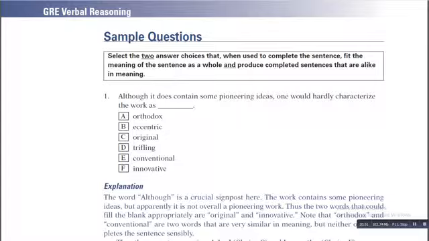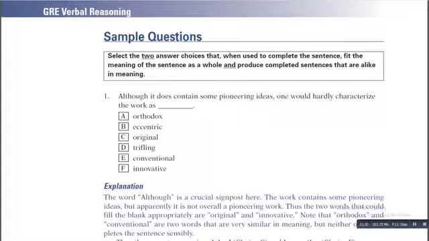Although it does not contain some pioneering ideas, that means although what that person said is not outdated, it's not old fashioned, one would hardly characterize the work as what? So you have to look through all these things. Although signals a contrast here, that means they're saying that it does not contain some pioneering ideas.